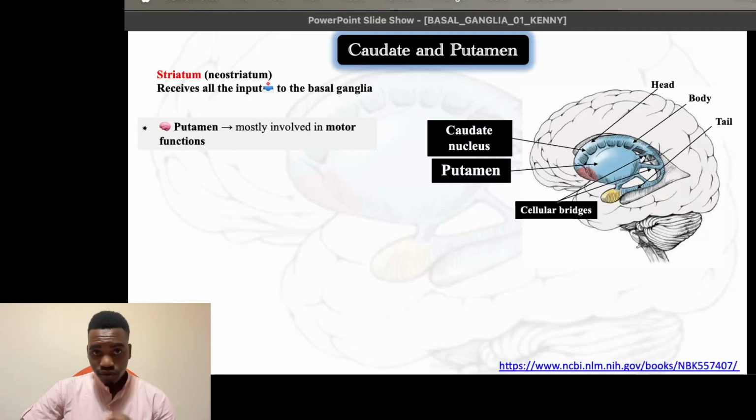So these two nuclei are very important. First of all, they have the same embryological origin, or they are embryologically associated. But also they have the same histological structures.